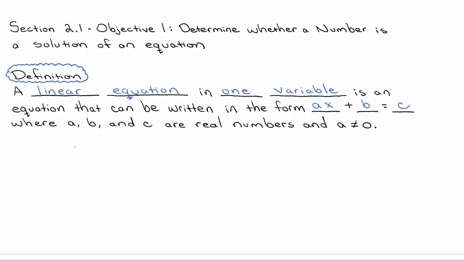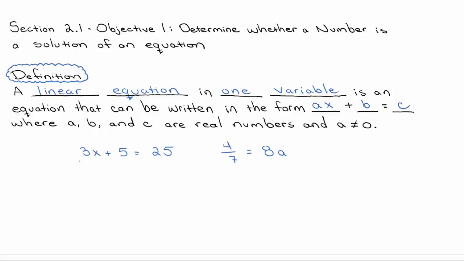Some examples of linear equations in one variable would be 3x plus 5 equals 25, and 4/7 equals 8a. These are examples of linear equations.